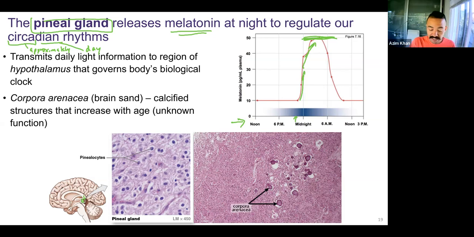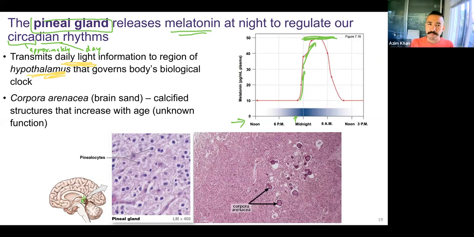It's further regulated by how much sunlight we get. So that's why it's important, if you want to keep a regular schedule, to have sunlight exposed to your eyes in the morning, first thing in the morning. It sends that information to the hypothalamus that regulates your body's biological clock.